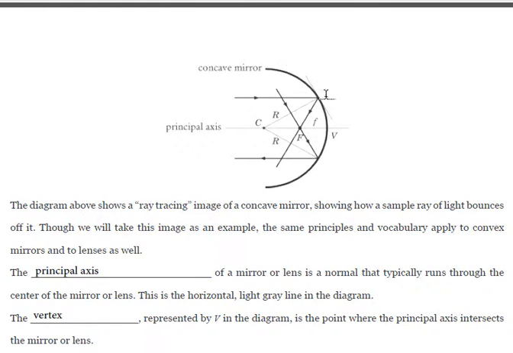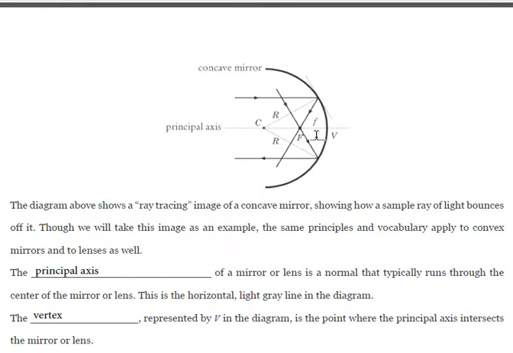So we have tangent, and our radius of curvature acts as the normal here. It bounces off, the angle of incidence is equal to the angle of reflection as it bounces back through. You can see another light ray here that comes in at an angle and then bounces off parallel to the principal axis.